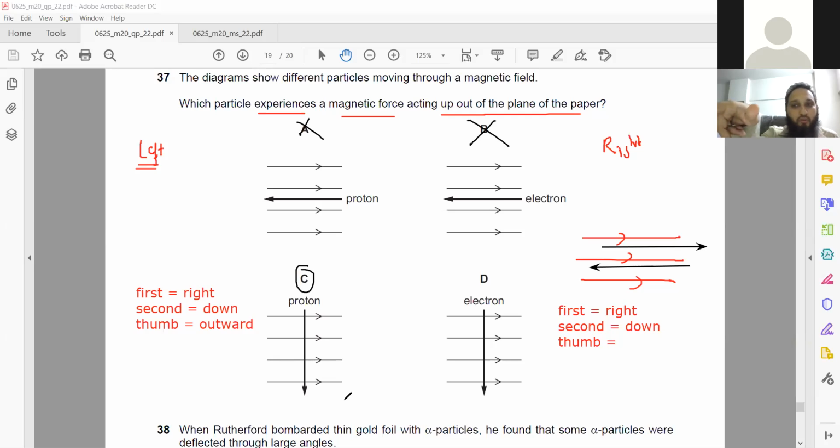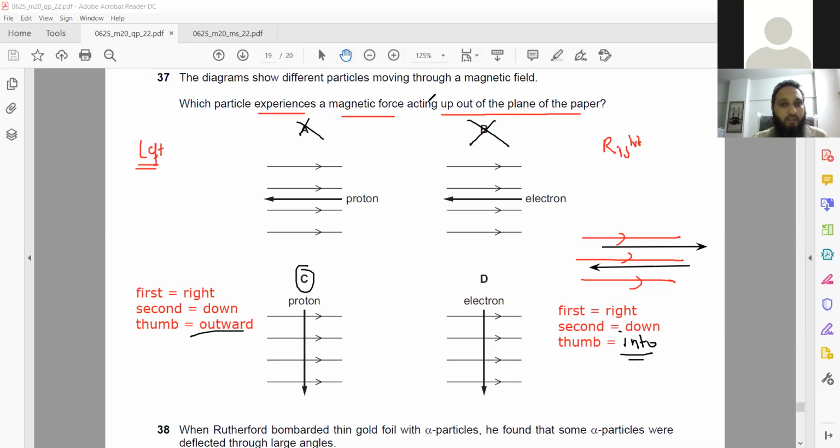So that is into the paper. When I apply a right hand rule for a negative particle, it is into. When I apply a left hand rule for a positive particle, it is out of. So basically this proton will experience an outward force and this electron will experience an inward force.